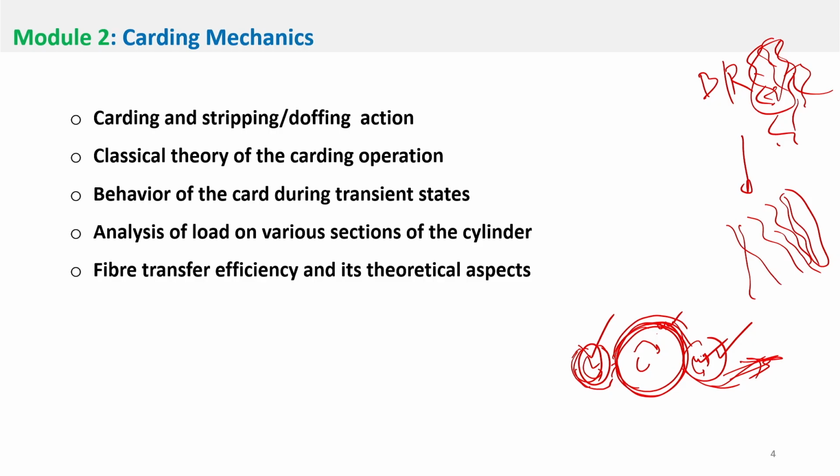If the transfer efficiency is very high, suppose 100% of the fiber is transported from the cylinder to the doffer, then it will have an impact on quality, that is, the blending will not take place. And if the transfer efficiency is low, then there will be loading on the cylinder.